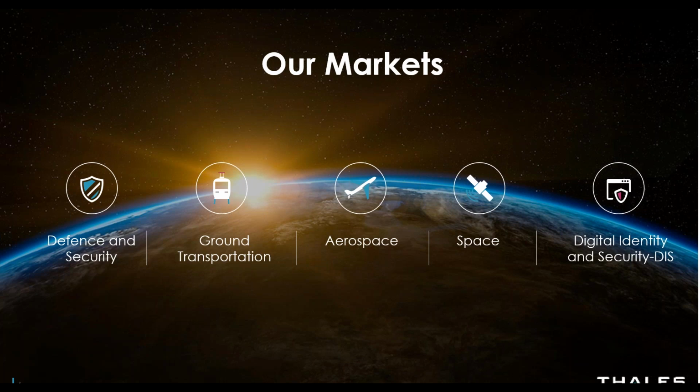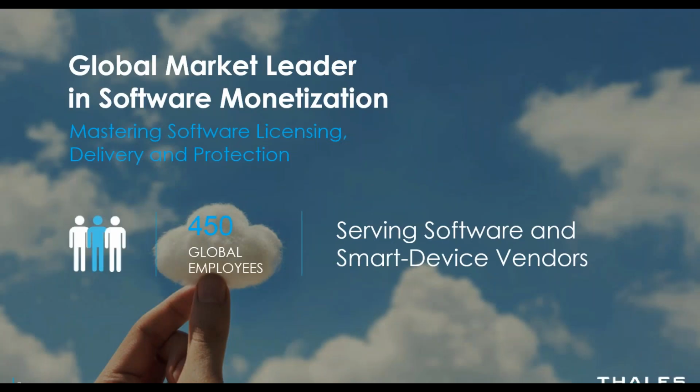And finally, Gemalto is now formed this new digital identity and security business. So the entire Gemalto business is now called DIS, and software monetization sits within this digital and identity and security business. So that's a very brief overview of Thales, and obviously very happy to pass on any further information should you want it.